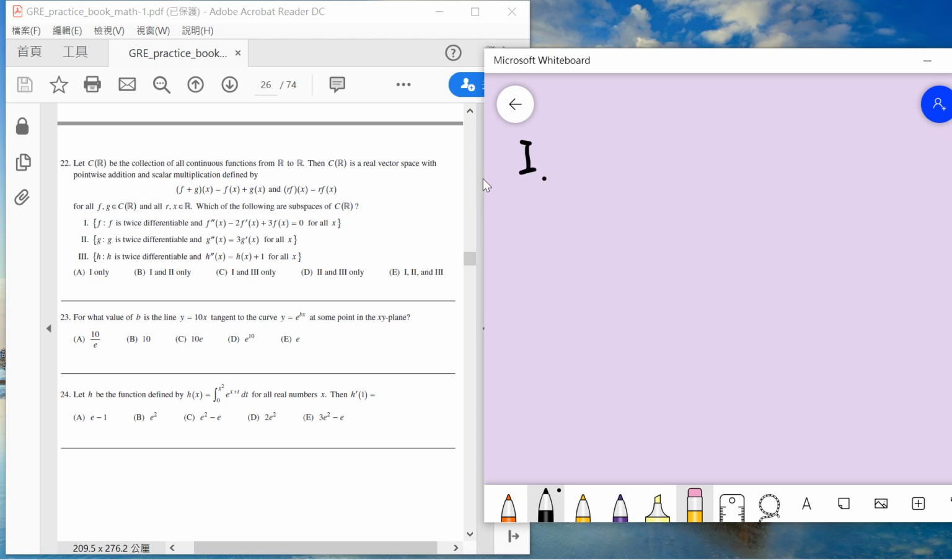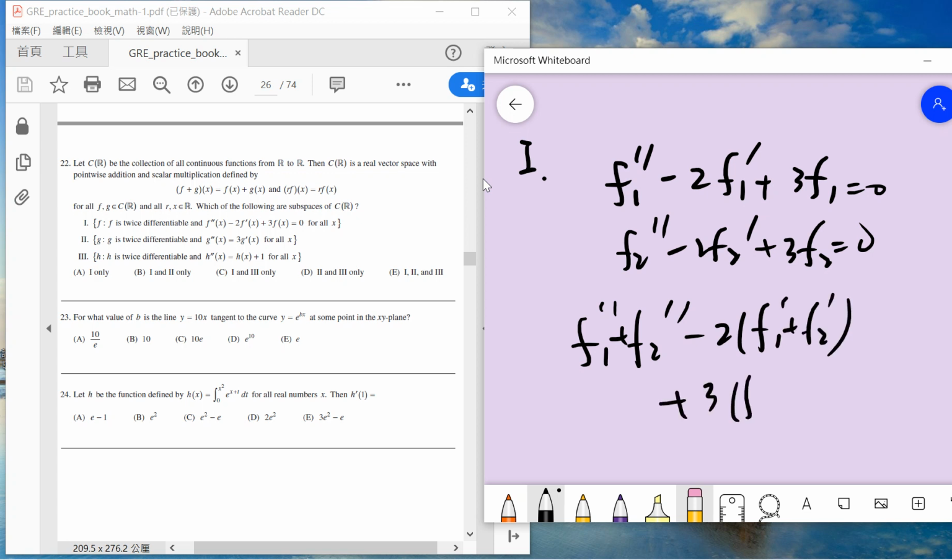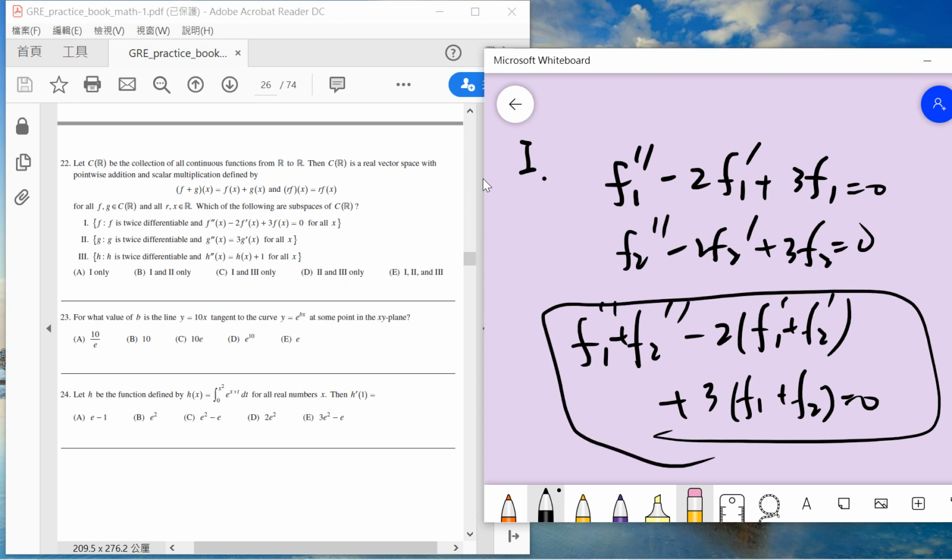For example, for the first one, if we have 2 solutions F1 and F2, both satisfying this equation, then if you add them together, it also satisfies this equation. So the first one is a linear subspace.